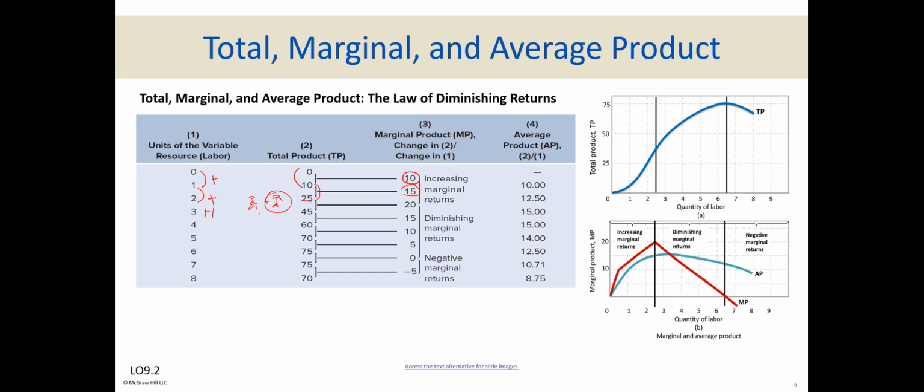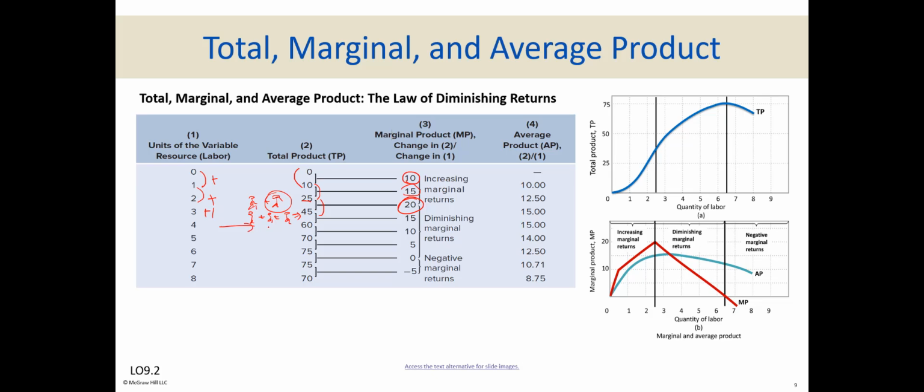If we add one more labor, the three of them together produce a total output of 45. Because of the third labor, the additional output we produce is 20. How do we find it? 45 minus 25 is 20. So marginal returns are still increasing, because the third labor's marginal product is higher than the second and the first.